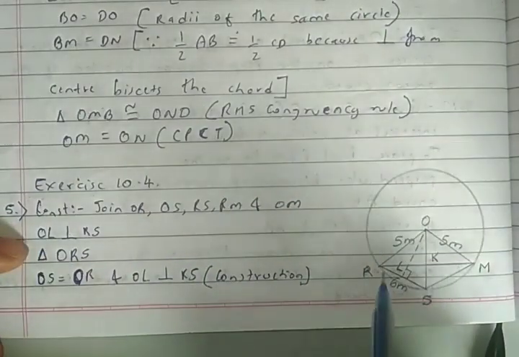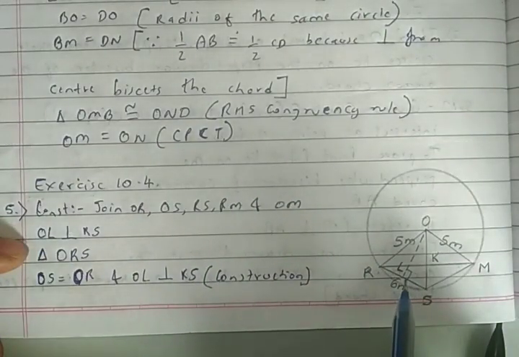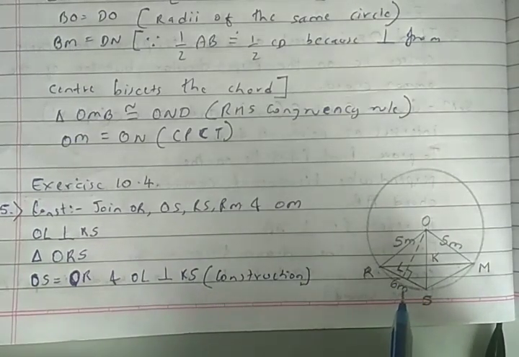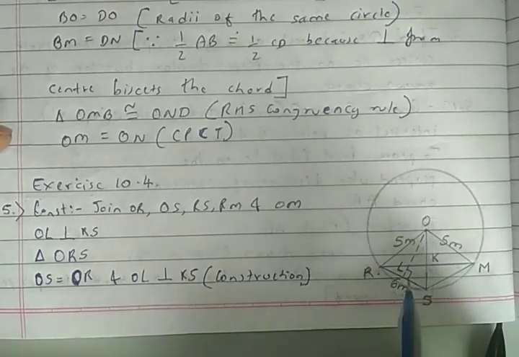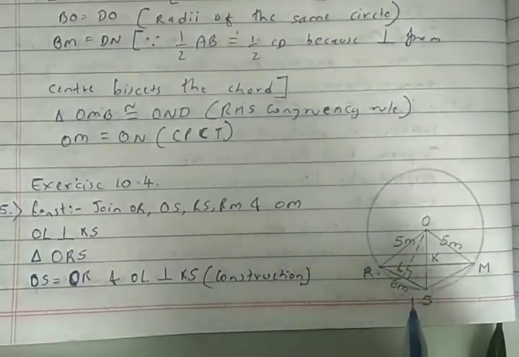Now RL and LS equal to 3 meters. Since the distance between R and S is 6 meters and we are drawing OL perpendicular, the L will bisect RS into 2 equal halves.